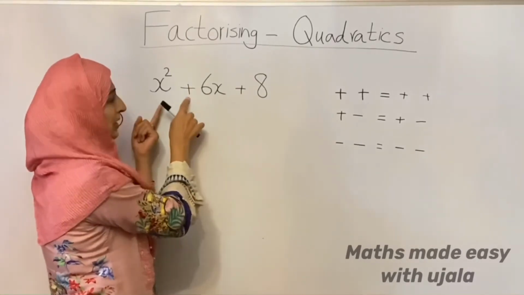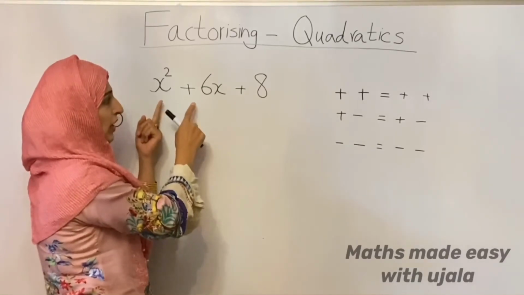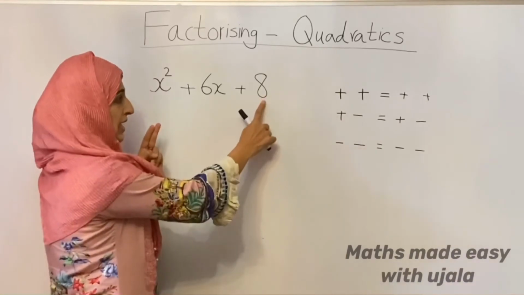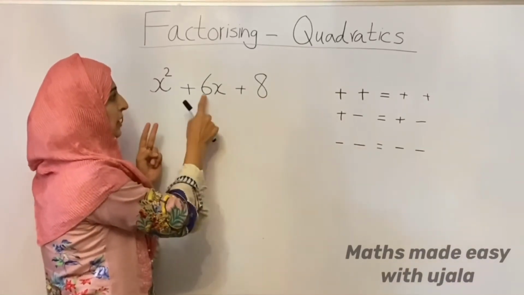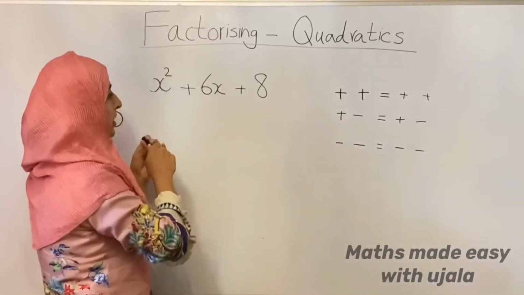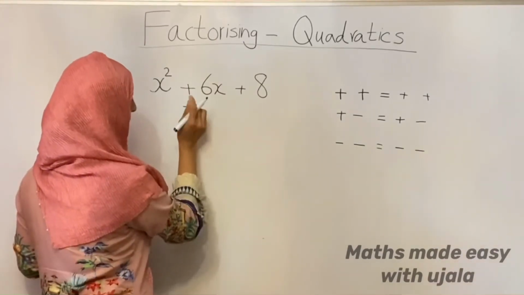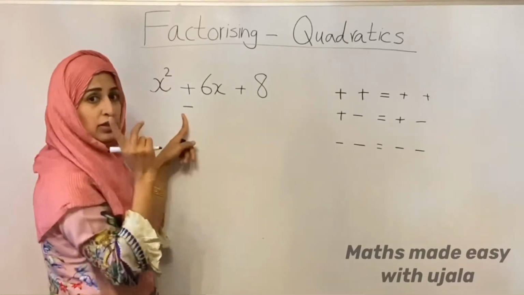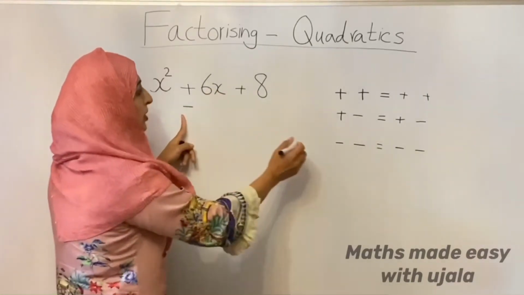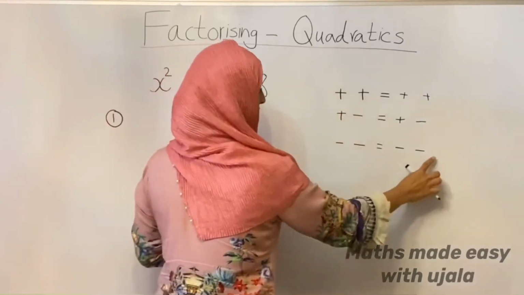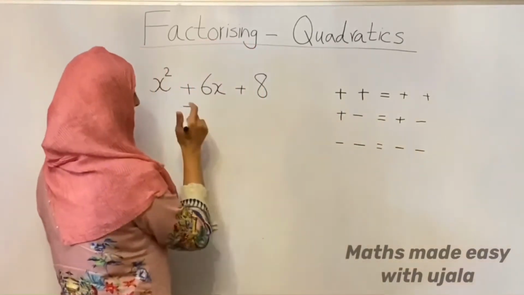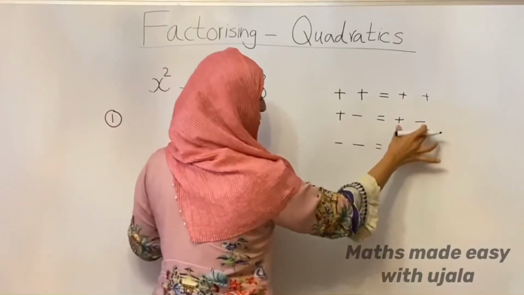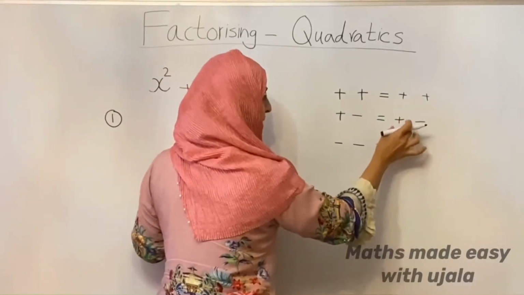If you have got plus sign here, then you have to find two numbers. If you multiply them together, you have to get 8, and if you add them, you are going to get 6. If you have minus sign in the first term, then you have to find two numbers with both negative sign, and if you got both signs plus and minus, then you have to get two numbers, one with plus and one with minus.